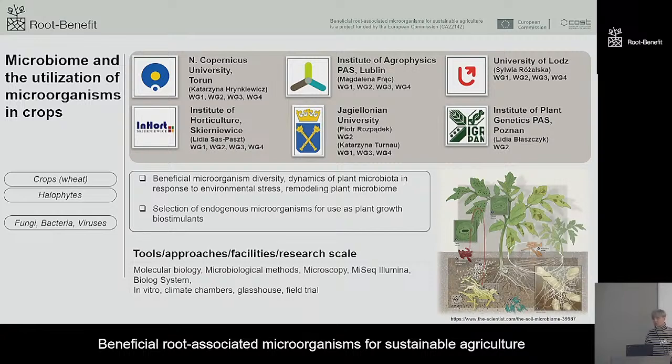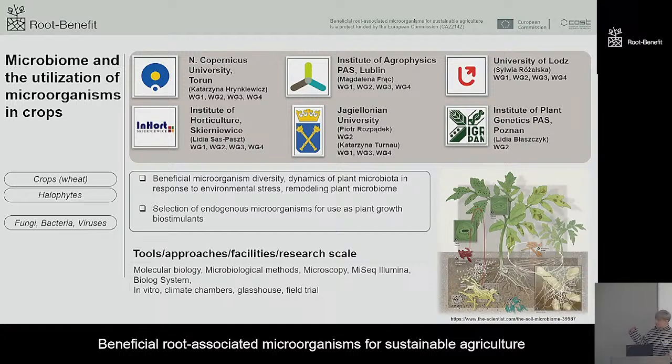These groups often closely collaborate to investigate beneficial microorganism diversity, dynamics of plant microbiota in response to different environmental stresses, and remodeling of the plant microbiome. At least part of them is also interested in selecting endogenous microorganisms for use as plant growth biostimulants.